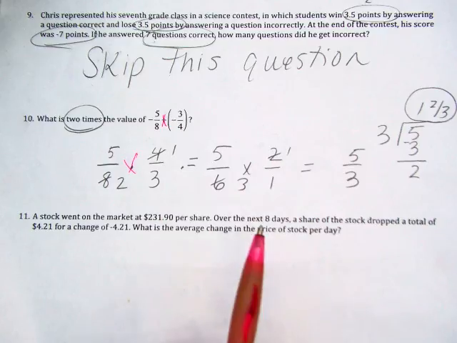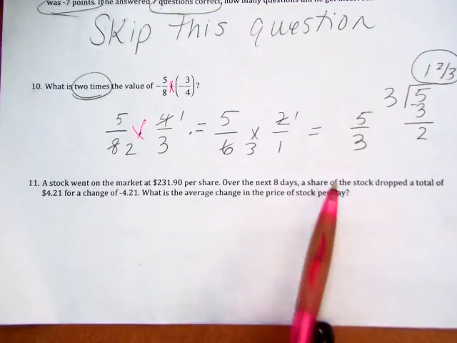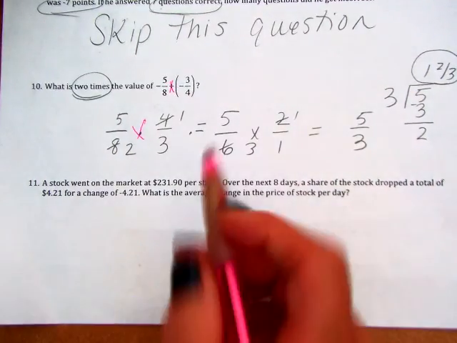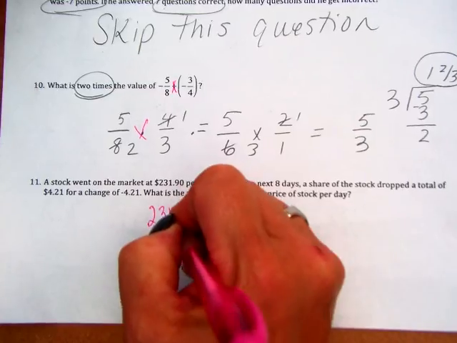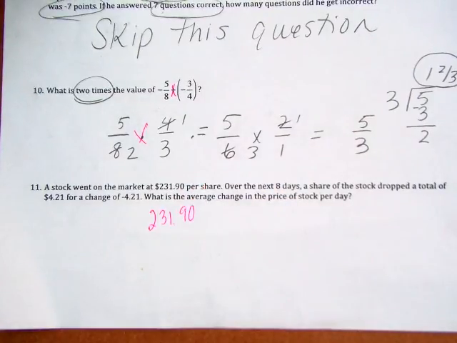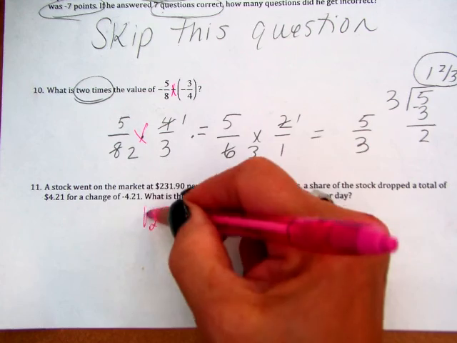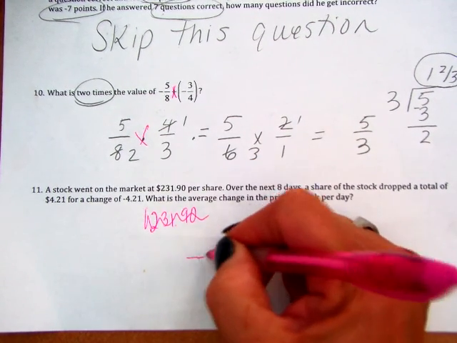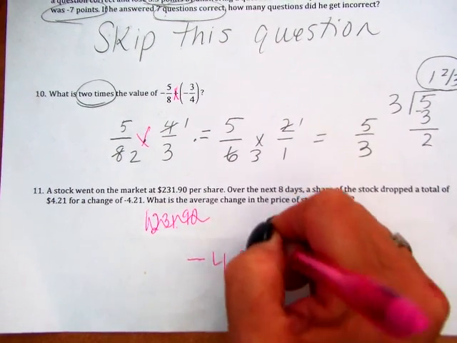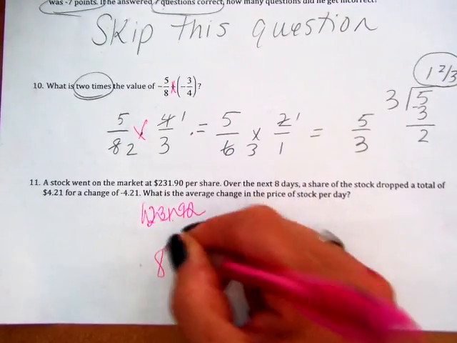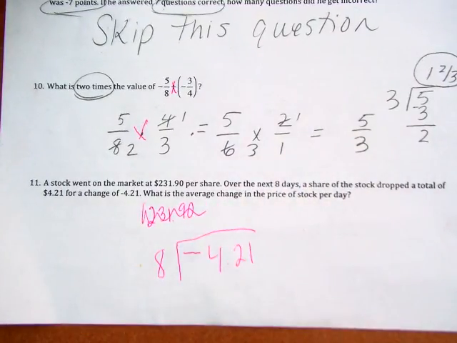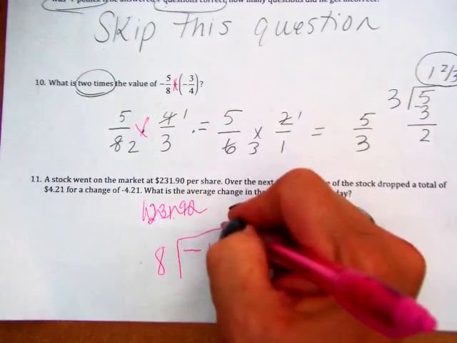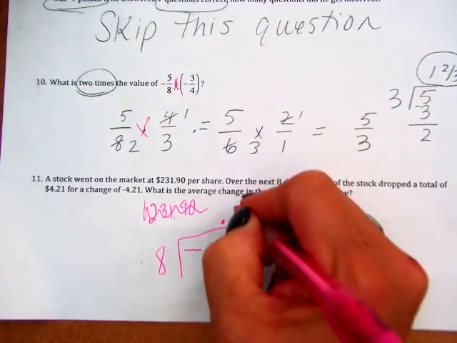Okay? Same thing with this one down here. We did this one in class. It went on the market for $231.90 and it changed over the next 8 days. 231 doesn't mean anything to us because all we wanted to know was that it changed -421 over 8 days. We want to know what that change was. So you need to divide this out, and when you divide it out, some of you put your decimal point in the wrong places.